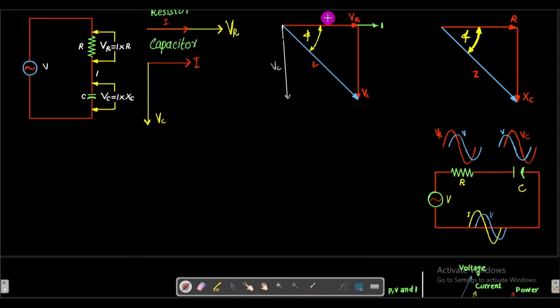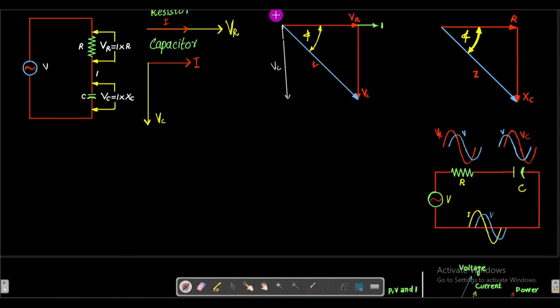This explanation comes from this diagram. Here in this diagram we have VR, and that is leading the resultant voltage V by phi. Therefore I have drawn the diagram for V and VR, and here VR is leading V, and the remaining voltage will be passed through here, which is VC.